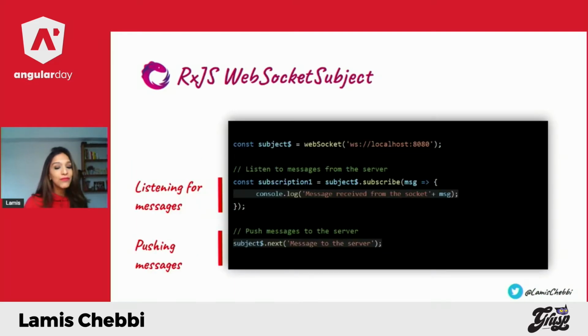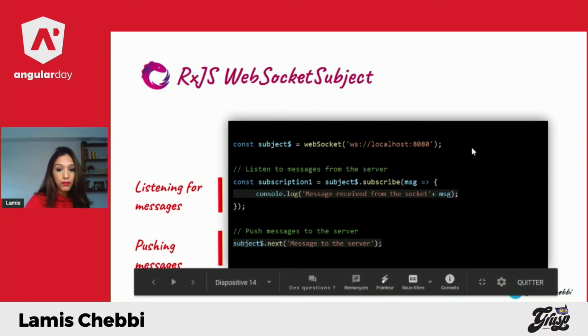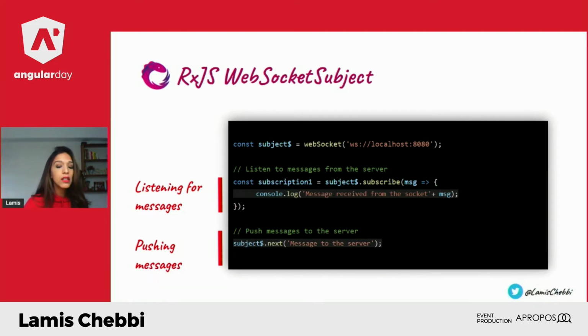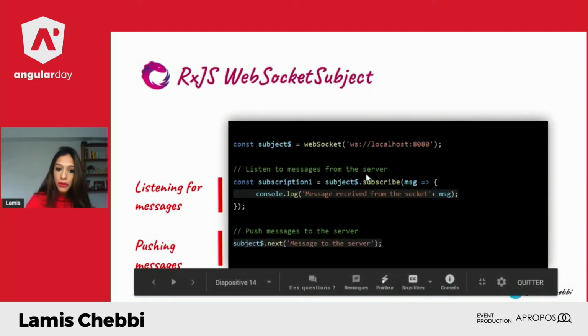I will translate this into code because it's much more understandable. Here I called the WebSocket factory function. The import is missing in this screenshot, no problem. Here I got an instance of the RxJS WebSocket subject, which I called subject$, and I subscribe to it in order to receive messages.